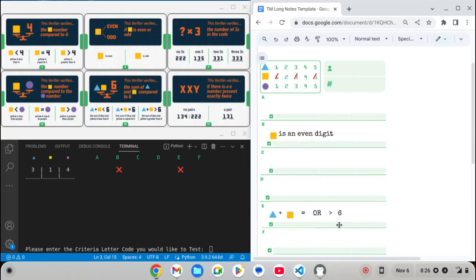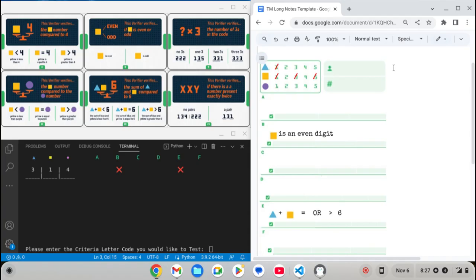Now, unfortunately, because the sum can be equal to 6, we really can't cross out anything, right? We can't cross out the 1. Well, let's see. Well, that is interesting. Square is even. Actually, you know what? I think we can cross out triangle 1, because if we add 1 to either 2 or 4, both of those sums would be less than 6. So actually, I take that back.